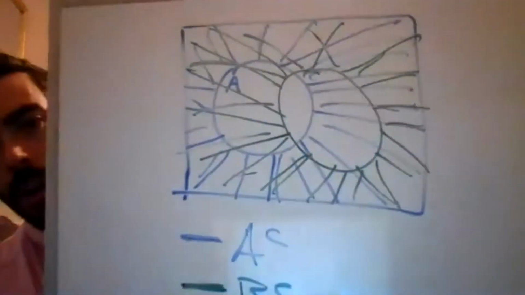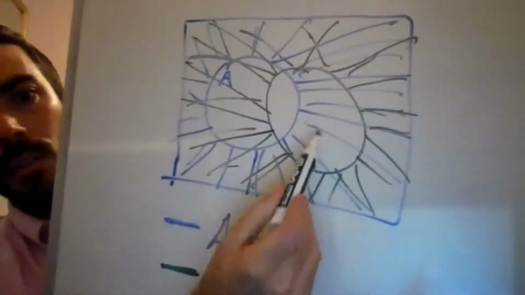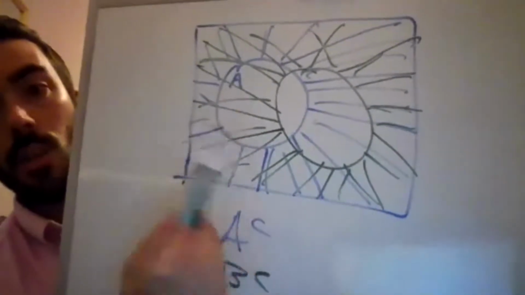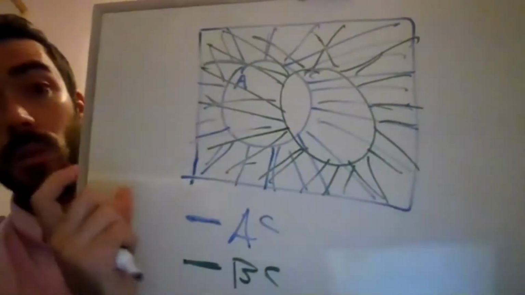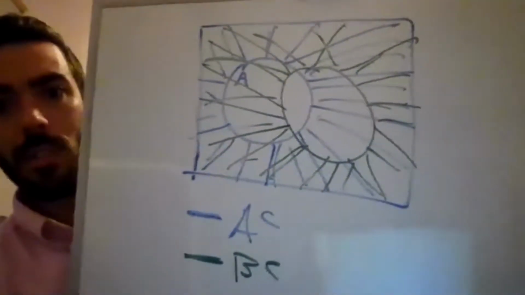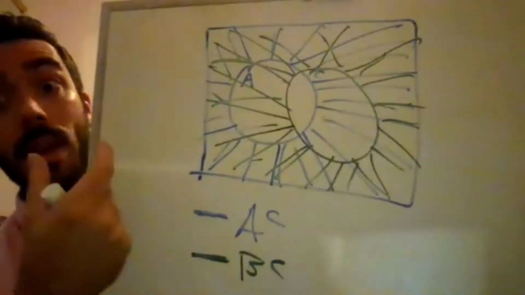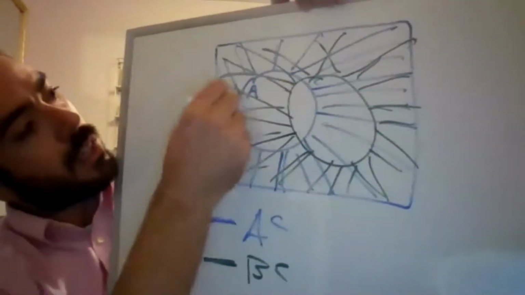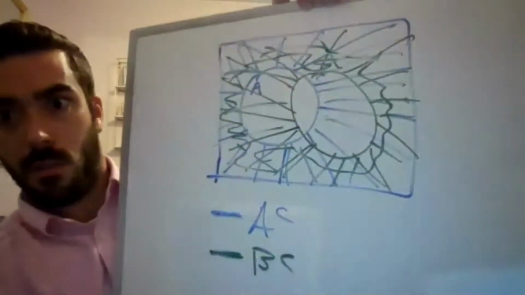Right? So now it might be a little hard to see, but right, even where there's blue lines here, there's no green lines. And even when there's green lines here, there's no blue lines. So the only place where A complement and B complement overlap, which overlapping is really just saying that it's in both A complement and B complement, or the intersection of A complement and B complement, is really just this entire area outside the circles, right?